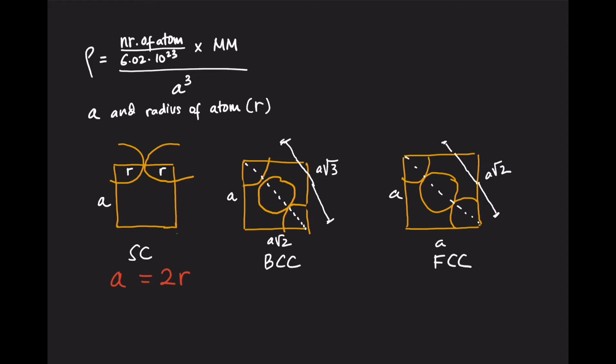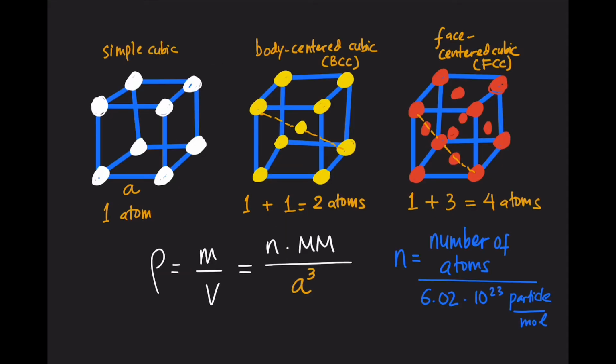Now let's take a look at FCC first. For FCC, if this is a packed structure, the atoms will be next to each other exactly at the face or the side. At this side, for instance, you know that this is A, that is also A, and this diagonal will be A times square root of 2. And from here, we can see that along this very diagonal line, three atoms are packed next to each other.